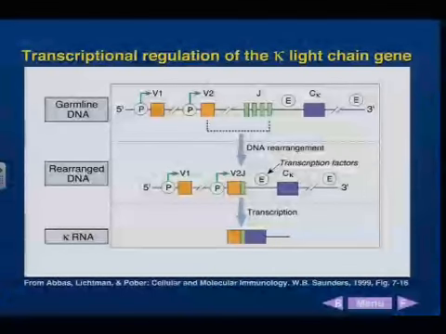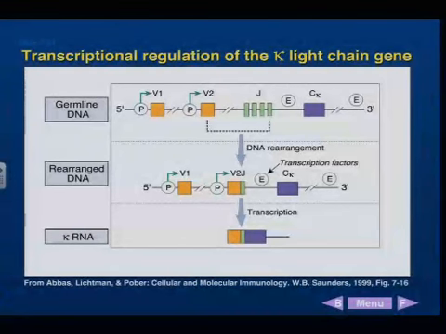So the way that the immune system generates diversity is by having a large but limited number of components and arranging them randomly in different combinations. Think of a lock that has a numerical combination.